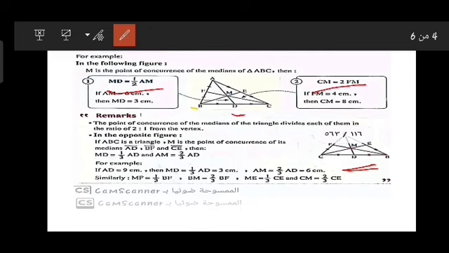So MD equals 1/3 of AD. So the ratio MD to AD equals 1 to 3 and AM equals 2/3 of AD. For example, if AD equals 9, then MD equals 1/3 of AD, equal to 3 centimeters.